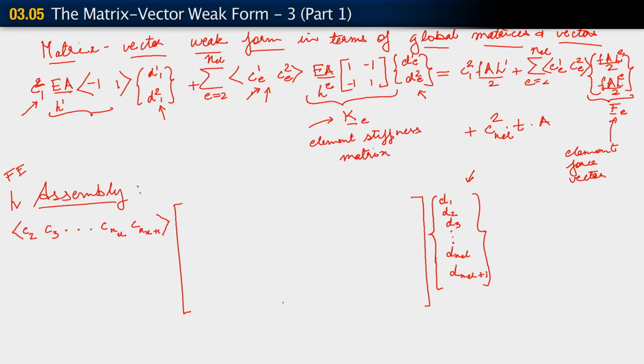The way we do this now is to observe that there are contributions coming, for instance, C2 multiplies D1 and D2 because of the contributions coming from element 1. Those would be the contributions EA over H1 with a minus sign here, and EA over H1 again.